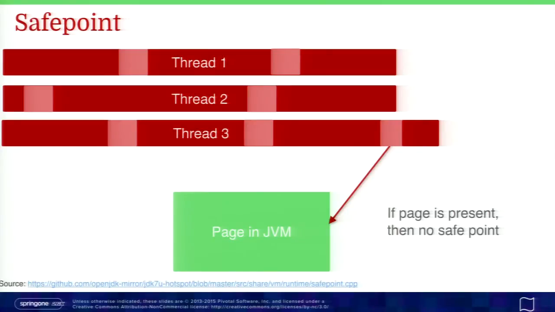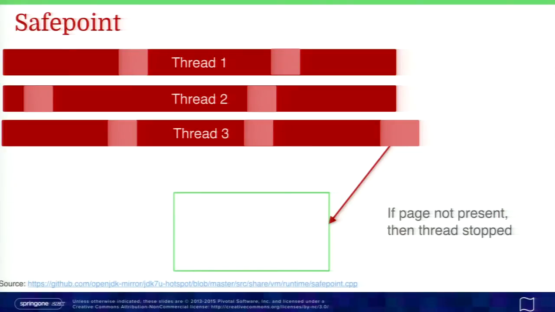When a VM operation, like garbage collection, needs to happen, the JVM removes that page, or I should say it removes read permission on the page. So when the thread goes and tries to read that page, it's not there. It throws an exception. The JVM can catch that exception and keep that thread right there.